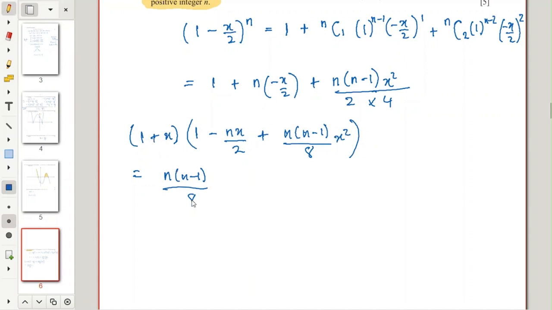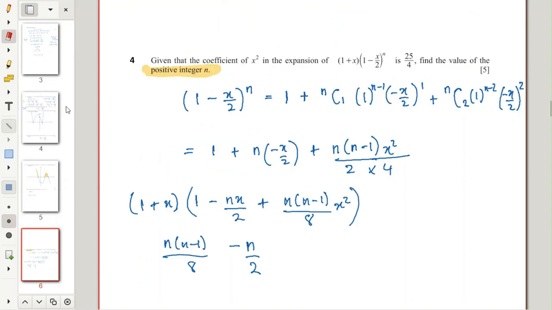I'm focused on the coefficient itself. Here, this times 1 will not help me. This times this will help me. Look at this. It will give me negative nx squared over 2. Once again, I'm interested in the coefficient, not the whole thing. So that's it for the coefficient of x squared.